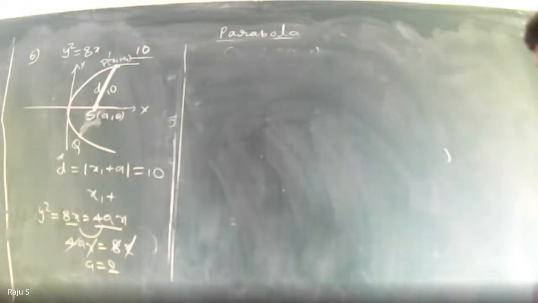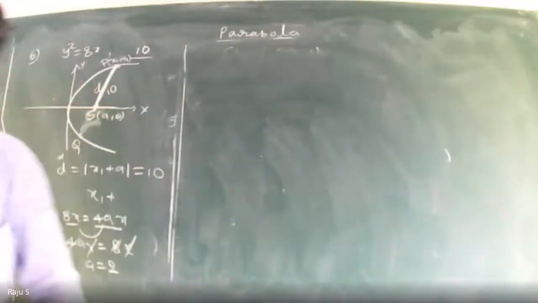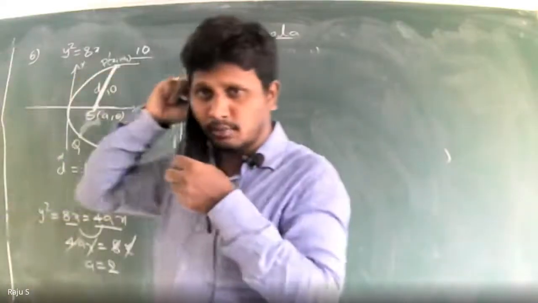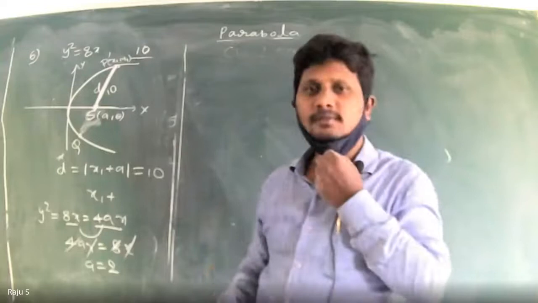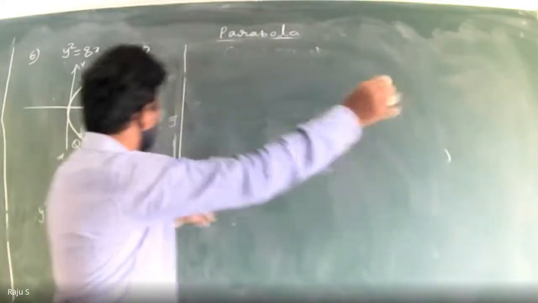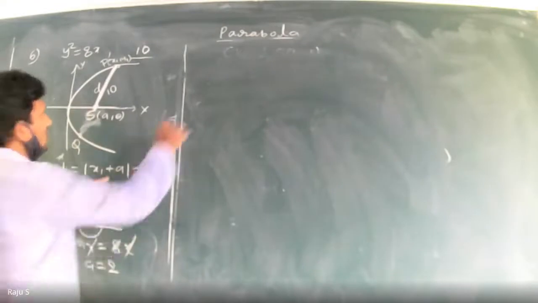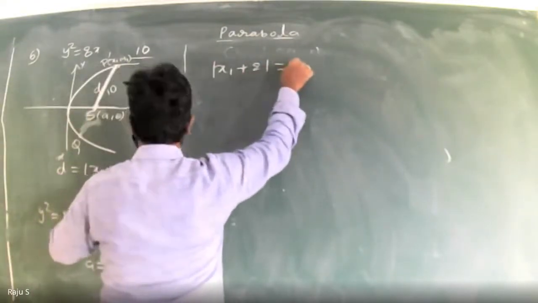All of you find x1. When we remove the modulus, we are going to get plus or minus. So when I substitute here, modulus of x1 plus 2 is equal to 10.